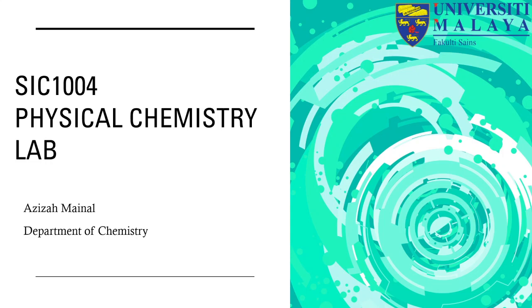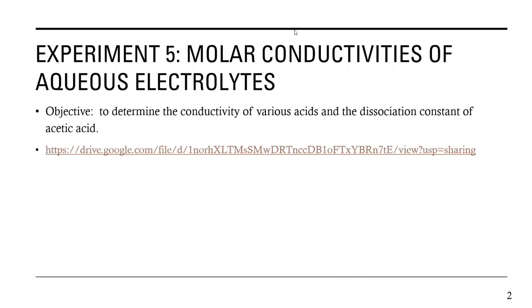Today we are going to proceed to our next experiment, which is experiment 5. The title for this experiment is the molar conductivities of aqueous electrolytes. The objective of this experiment is to determine the conductivity of various acids and also to measure the dissociation constant of acetic acid.